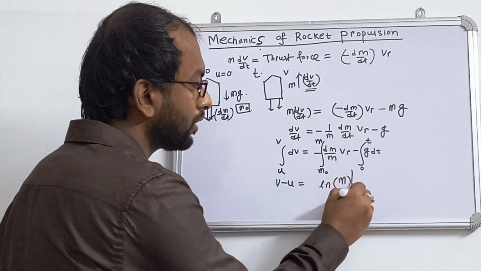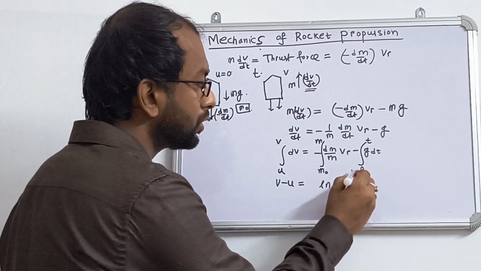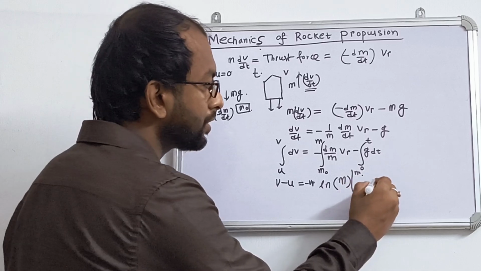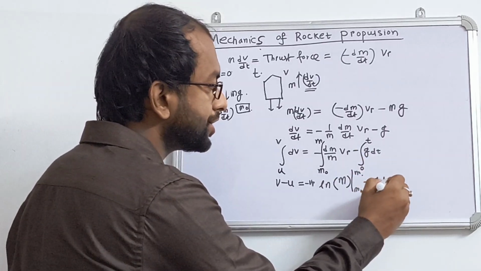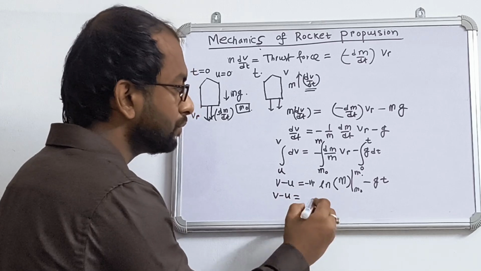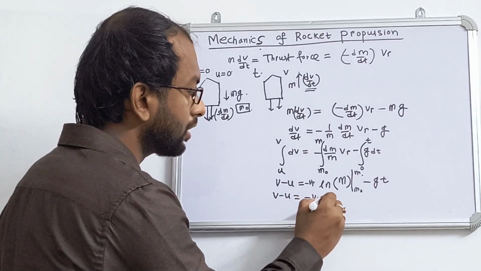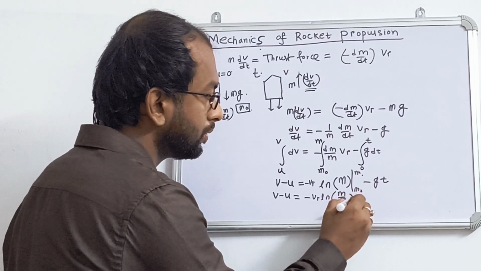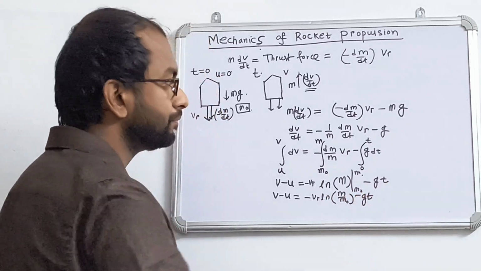v minus u is equal to the integration of dm/m, which is ln m, with limits m naught to m, and there will be minus Vr, minus g dt from 0 to t, which is gt only. So you can write that v minus u is equal to minus Vr ln(m/m naught) minus g into t.